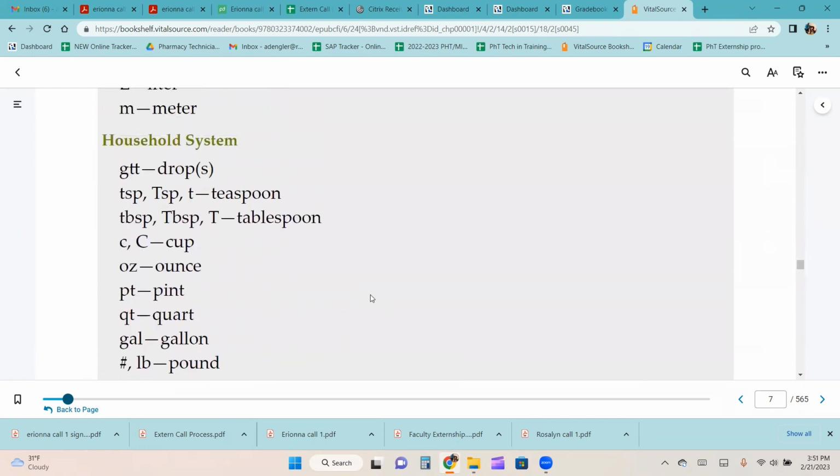For the household system, we have GTT, which is drops, TSP and t for teaspoon, a lowercase t. So you can see where that would be kind of confusing.